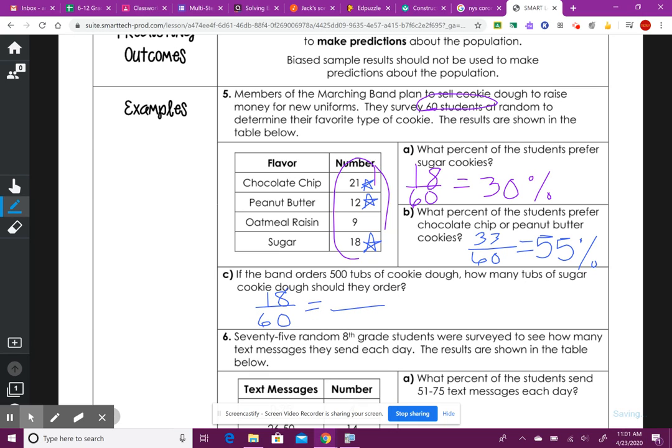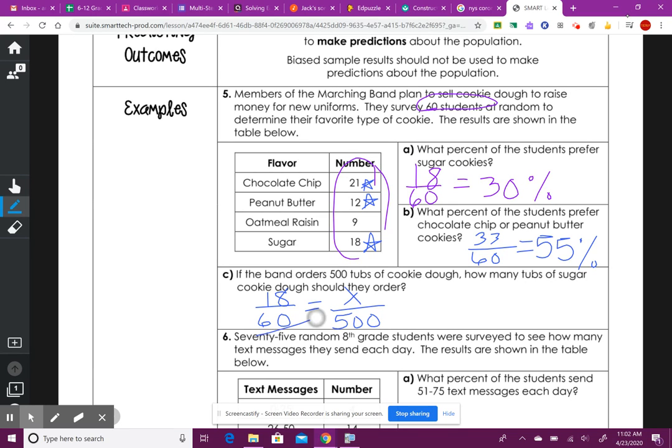Well, we're trying to find, if we ordered 500 tubs, because we're comparing it with that original 60 students who were surveyed, how many of those tubs, of those 500 tubs, should be sugar cookie dough. So we have a proportion here.